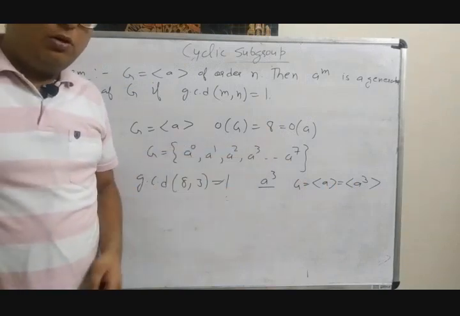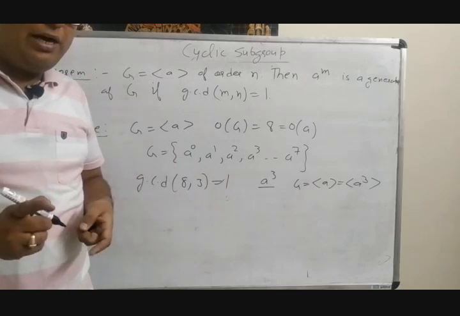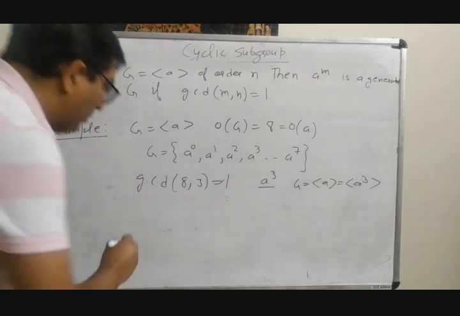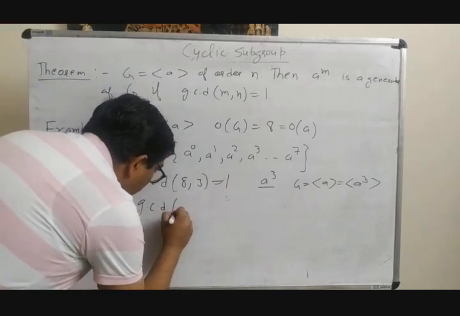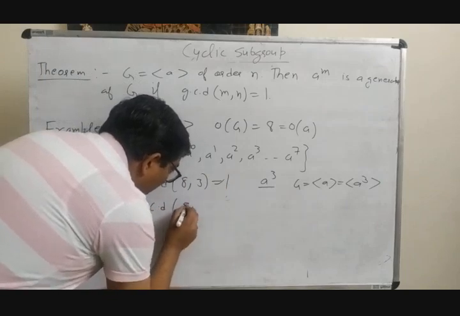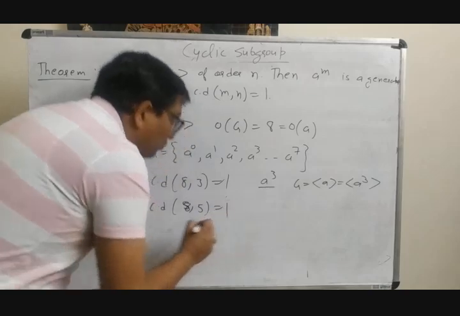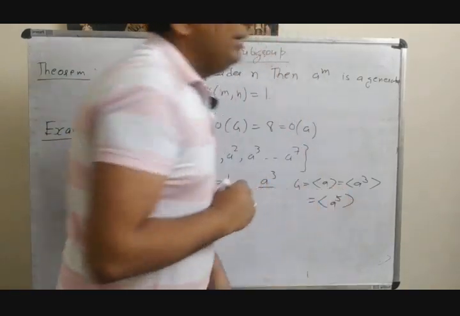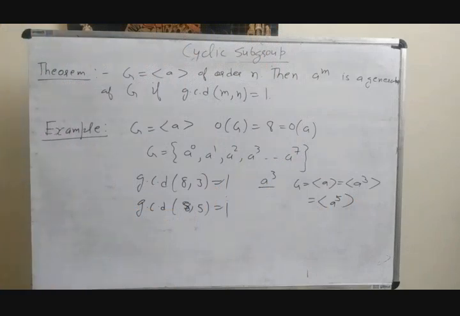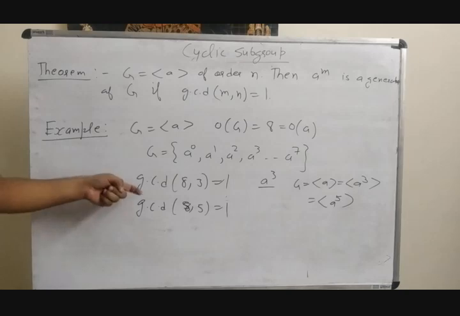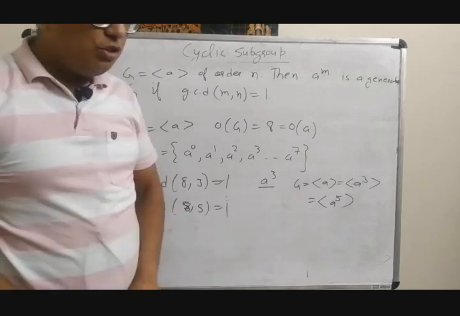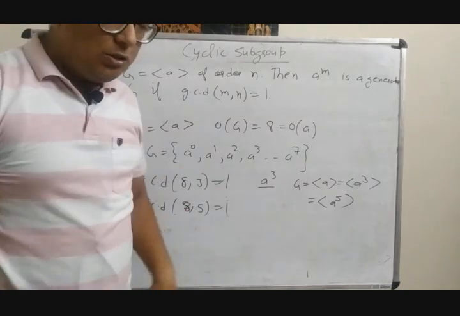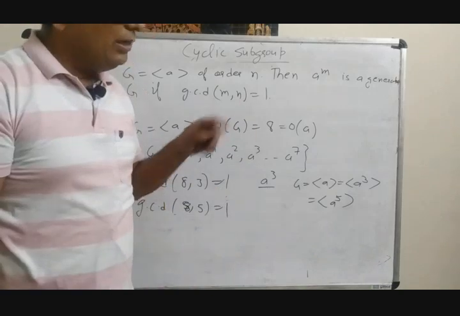So G which is generated by A can also be generated by A cube. Again, if we take A raised to power 4, the greatest common divisor of 4 and 8 is not equal to 1. But the greatest common divisor of 8 and 5 is 1. So we get another generator, that is A raised to power 5. Again 6, the greatest common divisor of 6 and 8 is not equal to 1. So A raised to power 6 cannot be a generator.